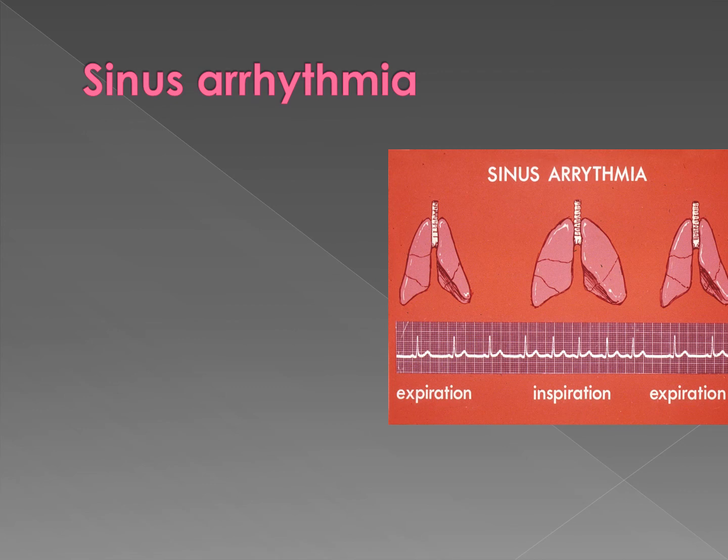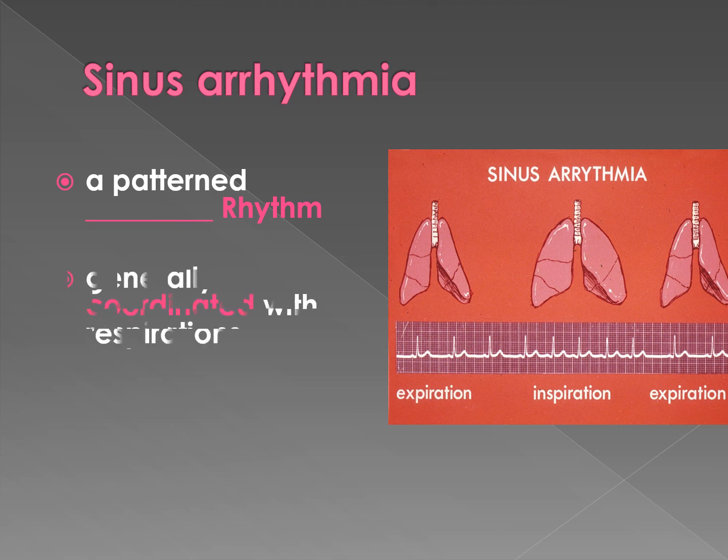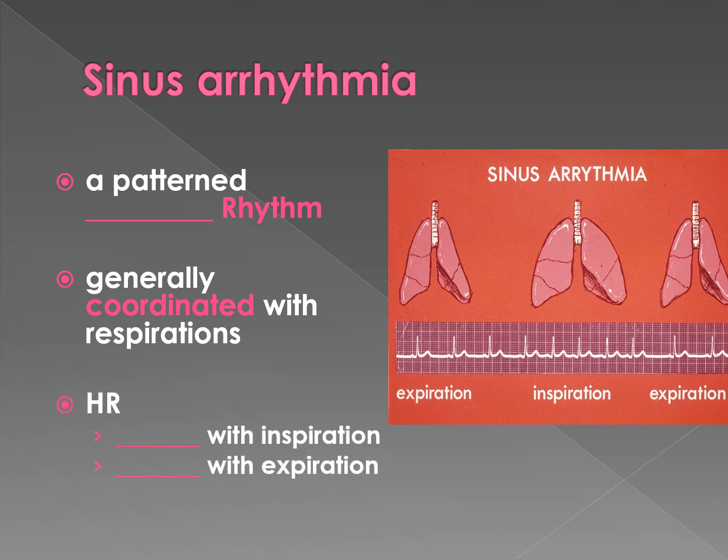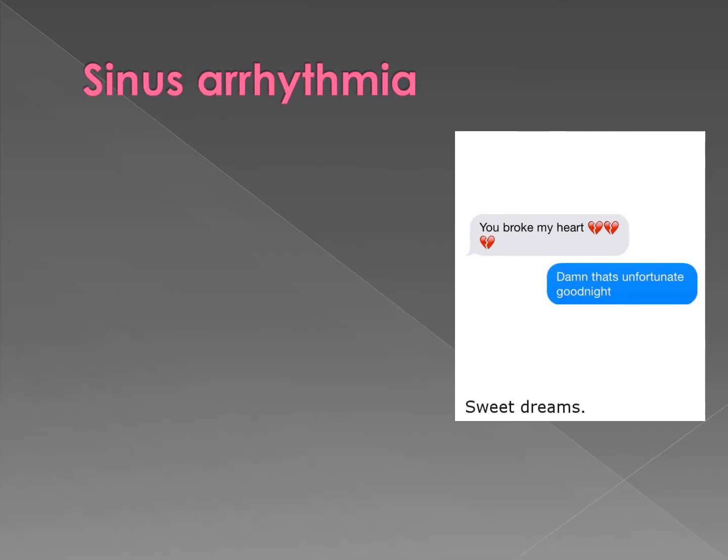This can be an irregular rhythm where you see the heart rate speed up when they're breathing in and slow down when someone's breathing out. So you see the lungs inflated and the heart rate's faster, and the heart rate's slower when they're breathing out. So this is an irregular rhythm. It can happen with breathing. It generally coordinates with the respiratory cycles. The heart rate usually will increase with inhalation and decrease with exhalation.